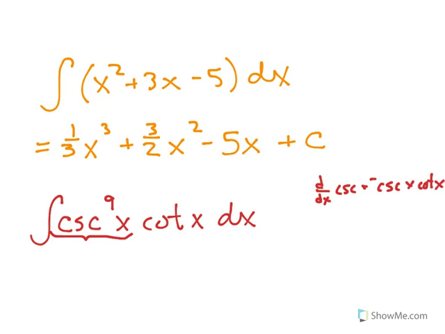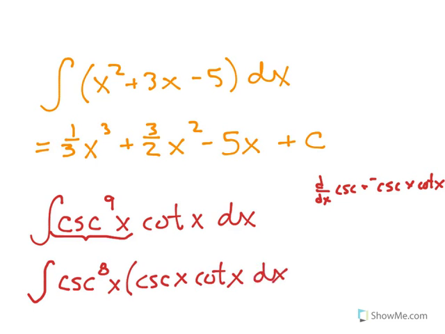So if I look at this equation, I already have the cotangent x, but I don't have a cosecant x. Well, it only happens this way with cosecant and secant. I can borrow one. I can rewrite this as cosecant to the 8th x times cosecant x cotangent x. It won't be any other function but this where you can borrow those from.